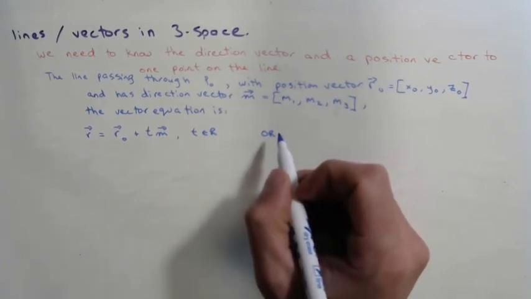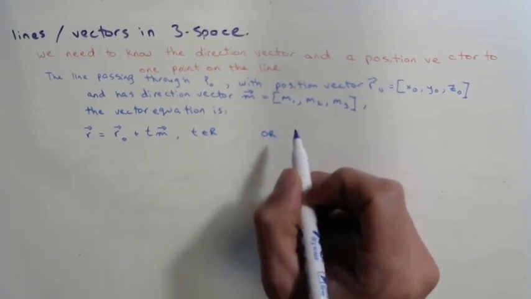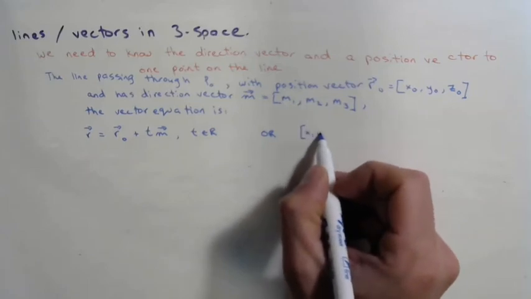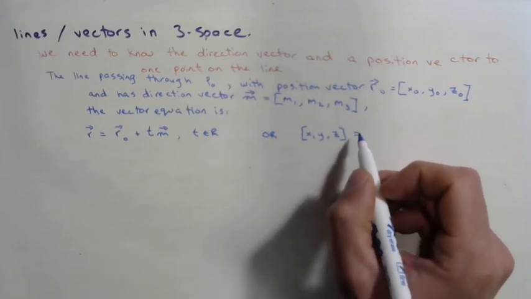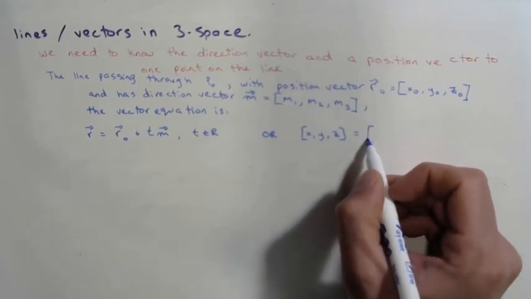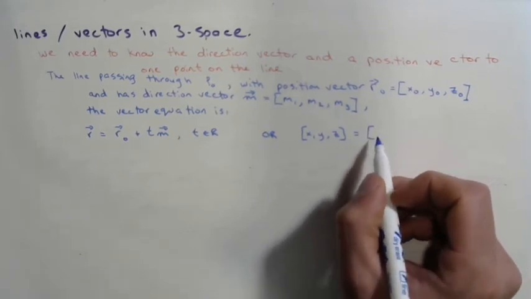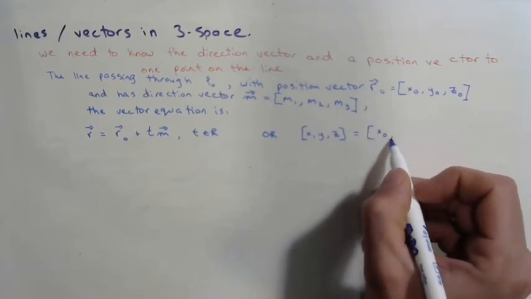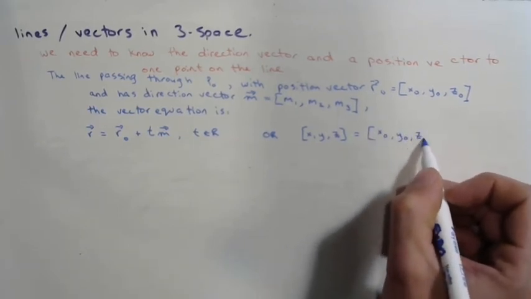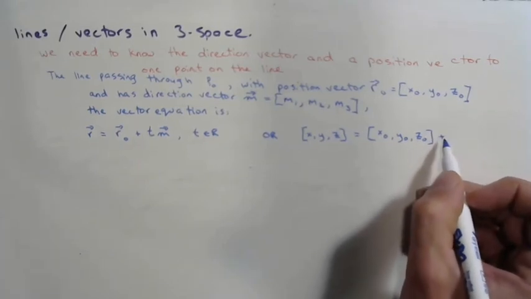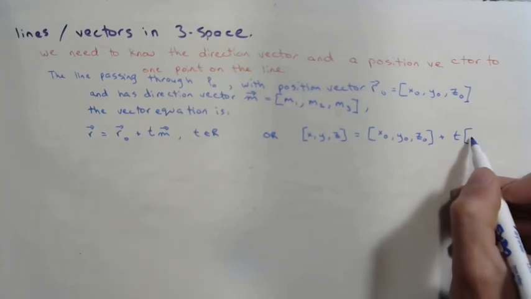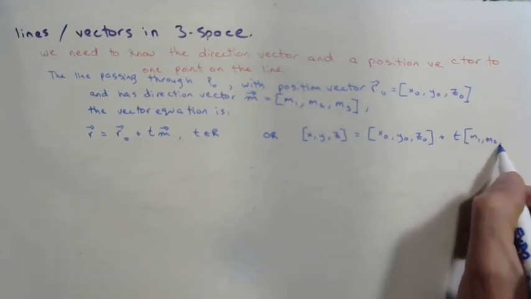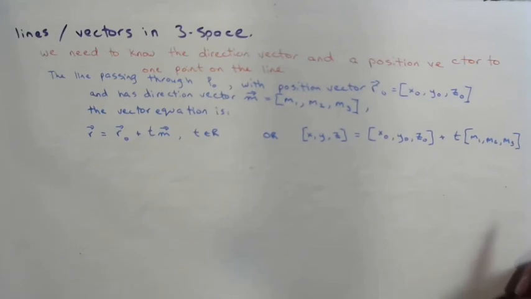Or we could write this as a vector equation in this form: x, y, z is a vector that has position vector x naught, y naught, z naught, and some multiple of our direction vector m1, m2, m3. Again, where t belongs to the set of real numbers.